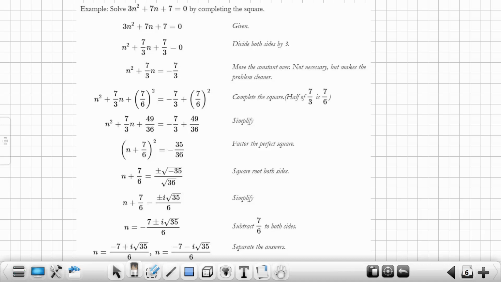There we go. So you guys are getting ahead. We'll do quadratic formula in a bit.